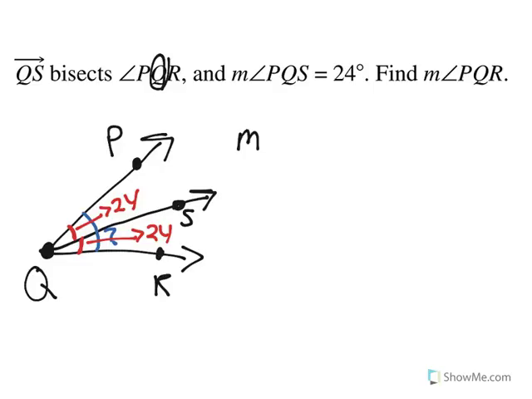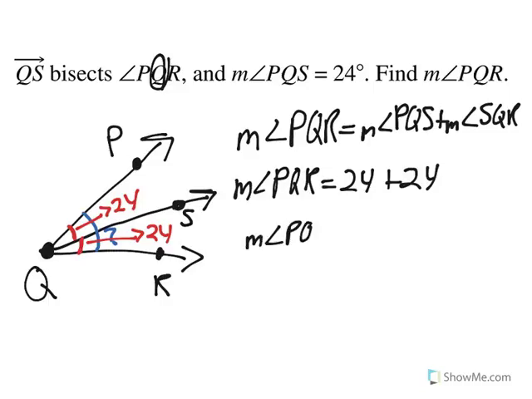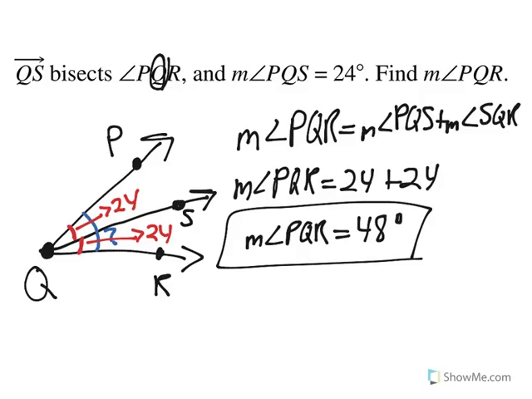If I want to know the measure of angle PQR, I would simply add up the measure of PQS plus the measure of SQR. Well, we just said both of those are 24, so I can plug in 24 plus 24, and so the measure of PQR would equal 48 degrees. And that would be my answer.